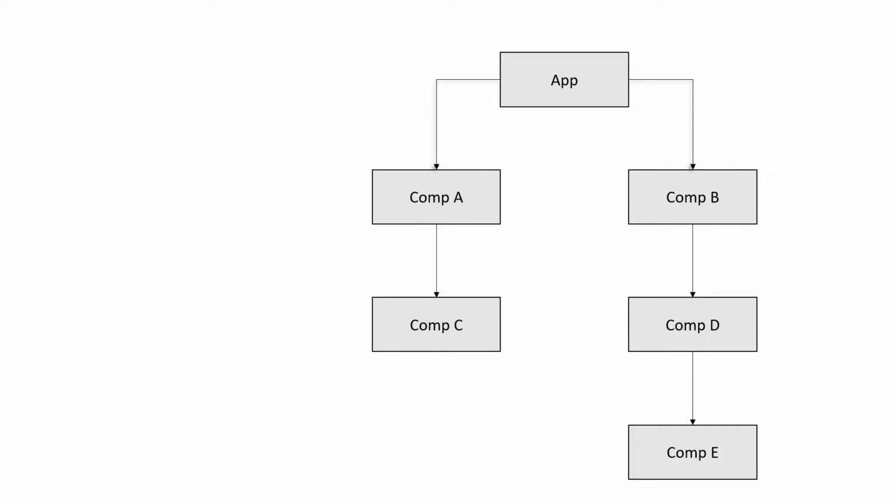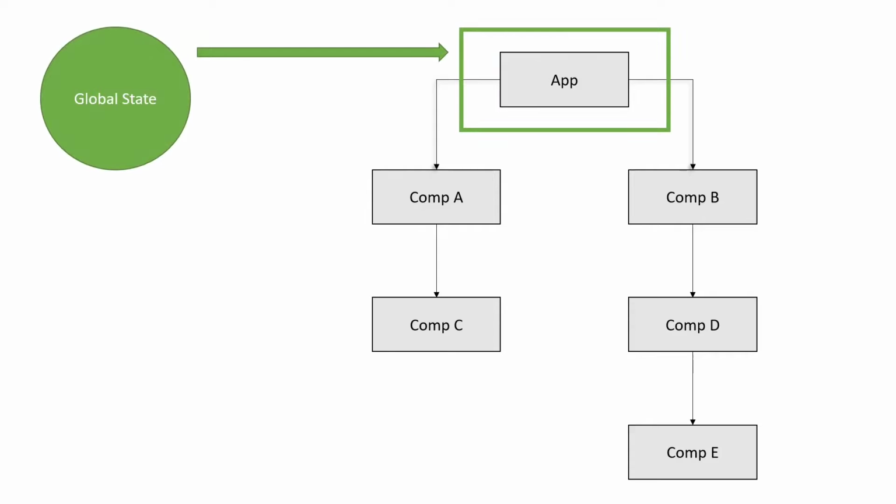So when we talk about context as global state, basically we create a component, which is this context component. And we wrap this component around our entire application component. This app component is the root component to all the other children down the component tree. So this context component that wraps the app component has access to the global state and manages the global state.